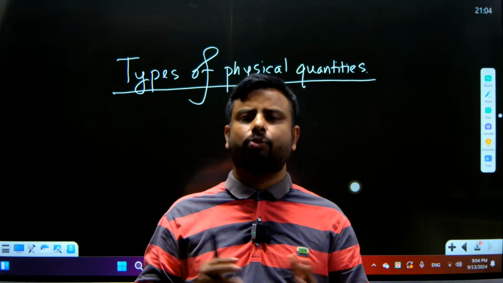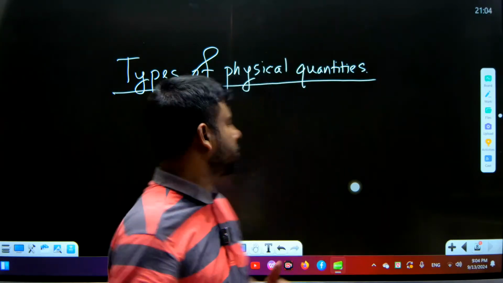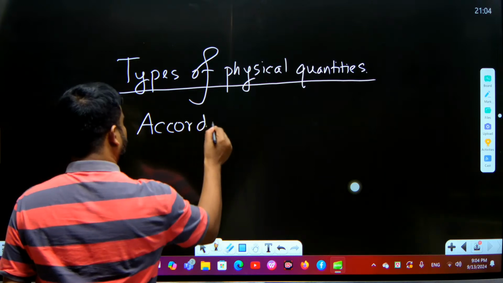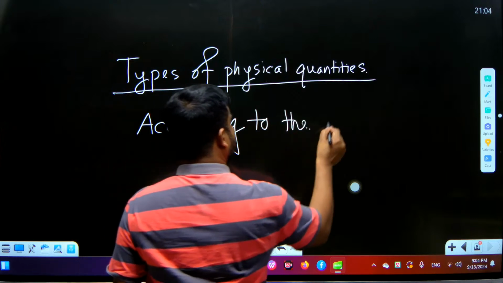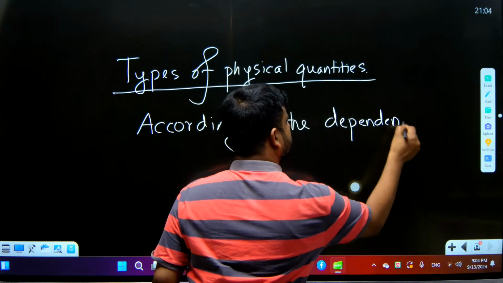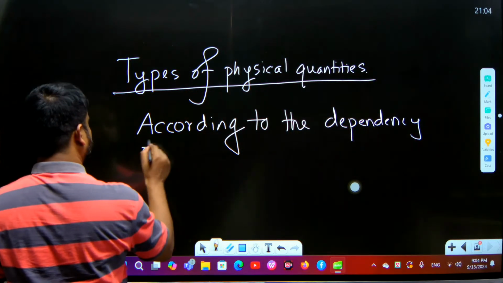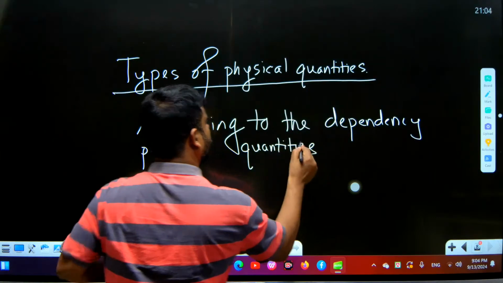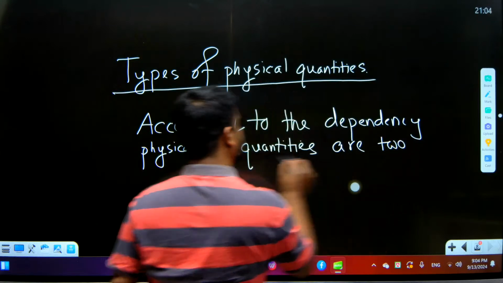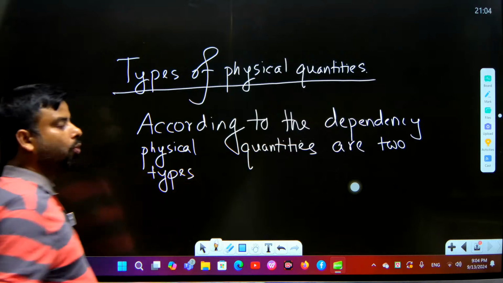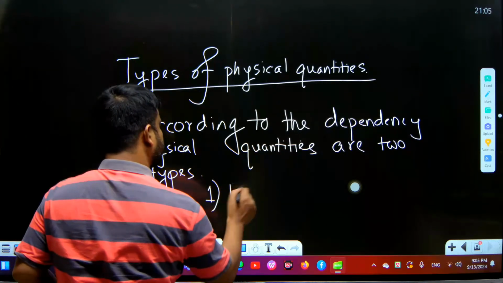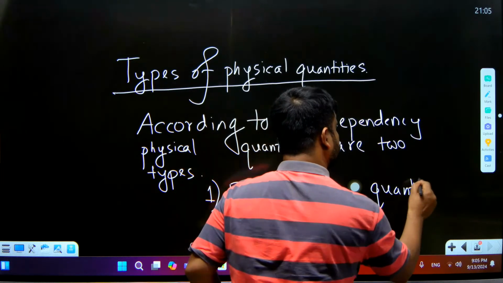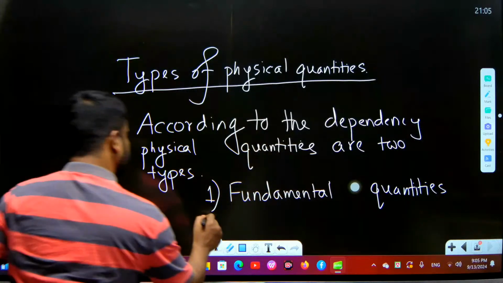One is fundamental or base quantities, and the other is derived quantities.